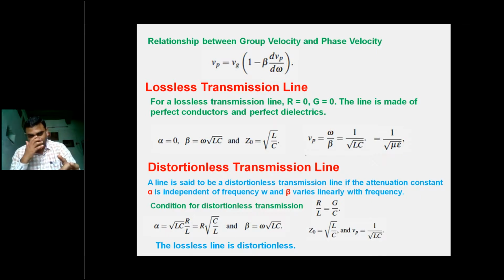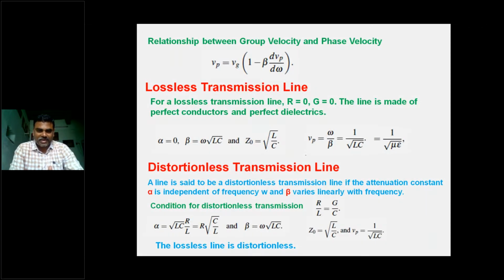Amplitude distortion will be 0 whenever alpha is independent of frequency, and the frequency distortion will be negligible or 0 whenever the phase constant is directly proportional to frequency. So to eliminate all those distortions, we need alpha to be constant and beta linearly varying. So with R by L equal to G by C, we have the distortionless transmission.